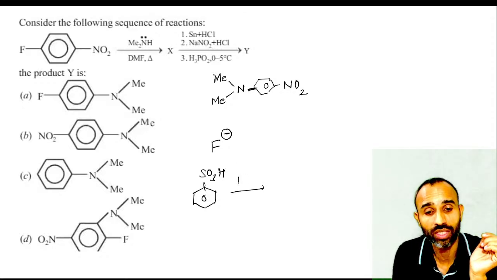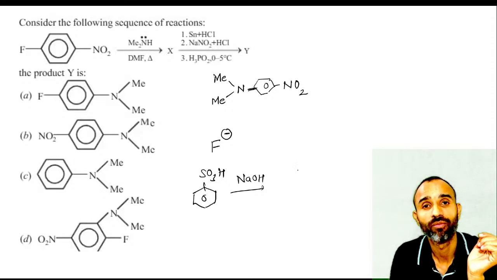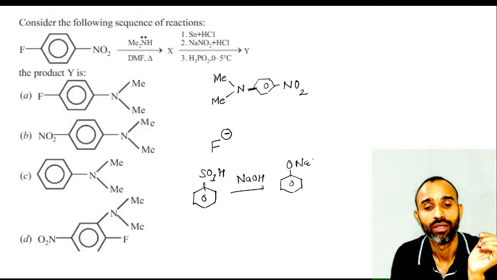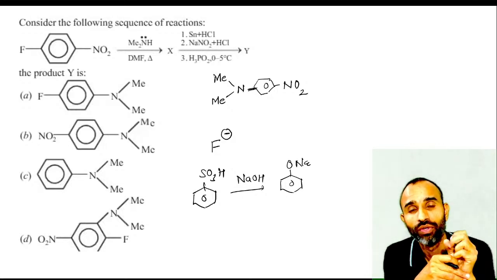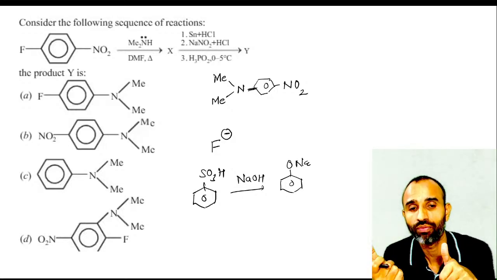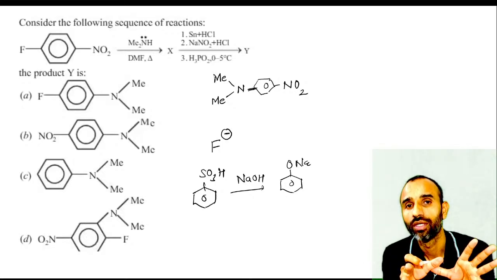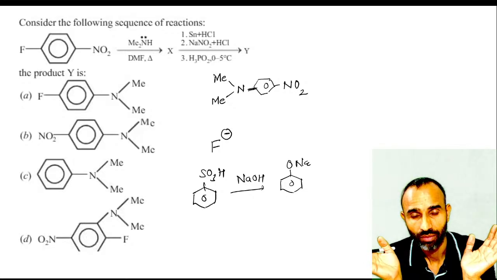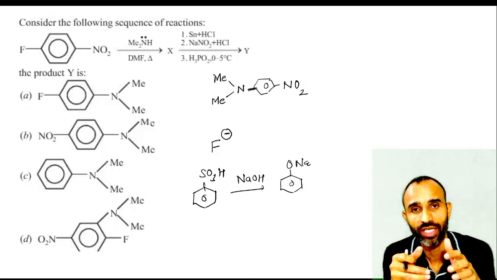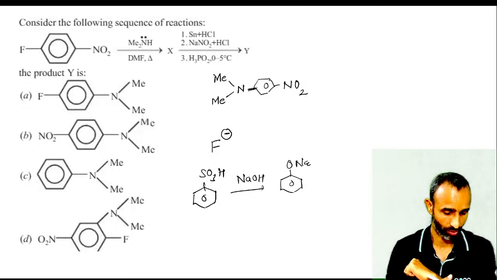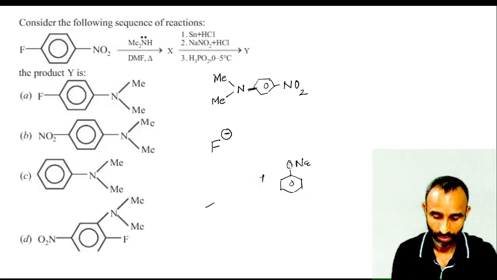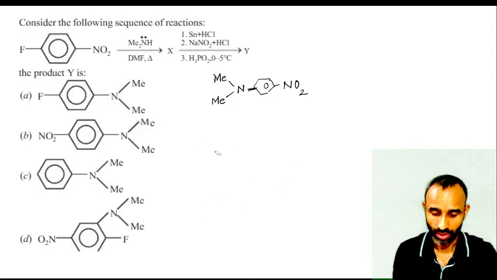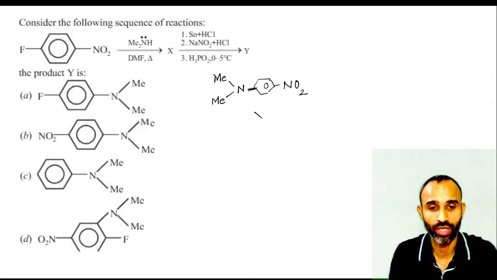Benzene sulfonic acid, when it is treated with NaOH, what do we get? We get ONa, and then on hydrolysis we get phenol. So SO3H and F are weak nucleophiles because they are not willing to share or donate electrons, so they can be easily removed. That's why the X product is this one.